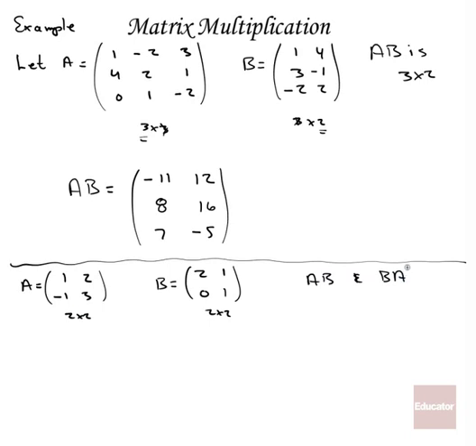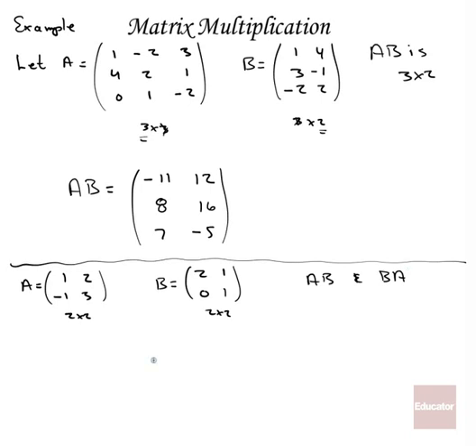Let's do the multiplication and see if AB equals BA. There are two ways that you can demonstrate non-commutativity: if the dimensions don't match when you switch them, or if multiplication is defined and doable both ways, then you might end up with different matrices. Again, proving that it doesn't commute.